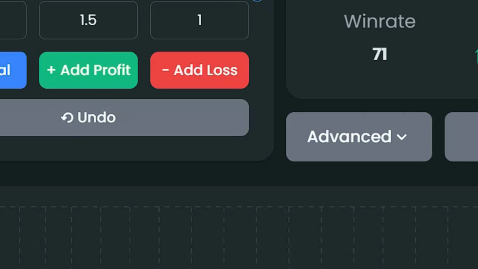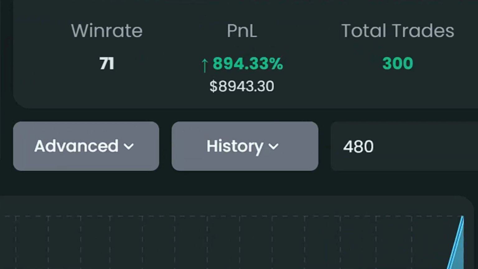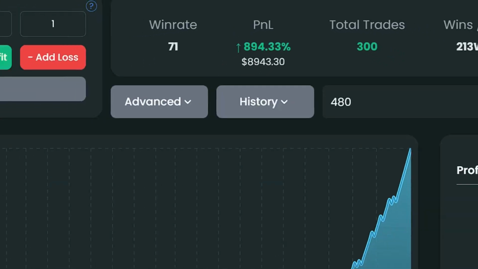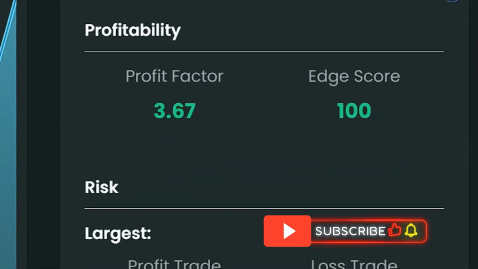Over a 16-week period, we managed to achieve a whopping 894% profit increase, all thanks to our dynamic duo of indicators. To put it into perspective, our profit factor was a solid 3.67. This means that our profits were more than 3 times larger than our losses. That's a pretty good return on investment.